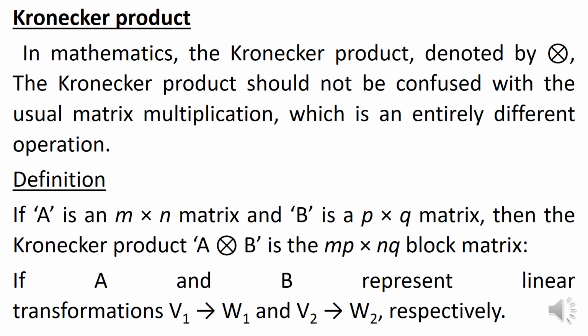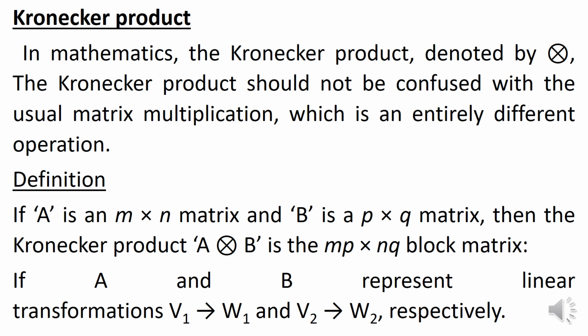If A is an M cross N matrix, suppose, and B is a P cross Q matrix, two matrices are there. Then A cross B will be MP cross NQ block matrix.